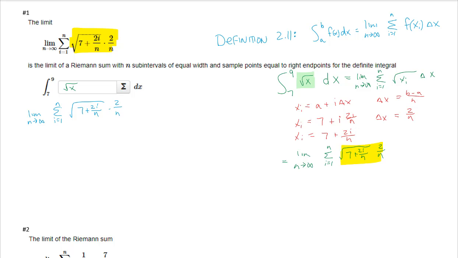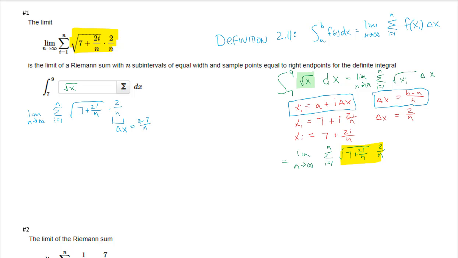My search and destroy game here is that I need to find my x sub i, and I need to find my delta x within the function over here in order to know how to simplify it out. So I can see here that this 2 over n, that's my delta x, okay? That equals 9 minus 7 over n, that's my 2 over n.